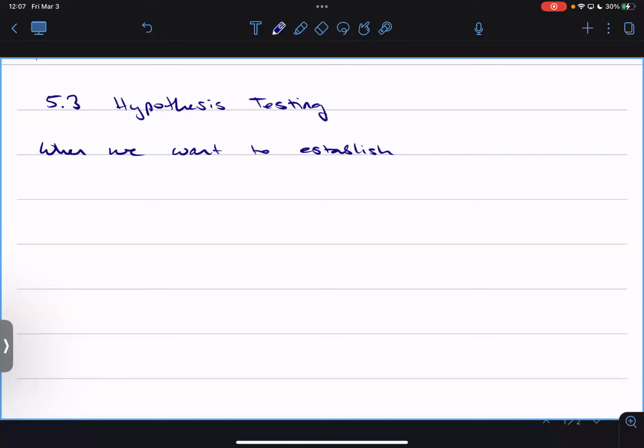So when we want to establish a significant difference, we need to use hypothesis testing.